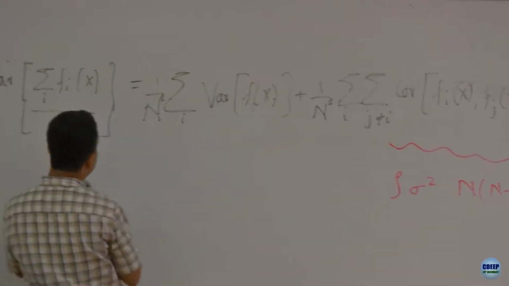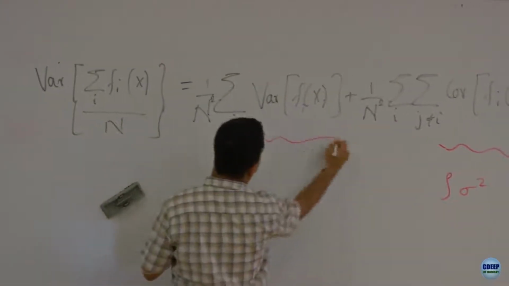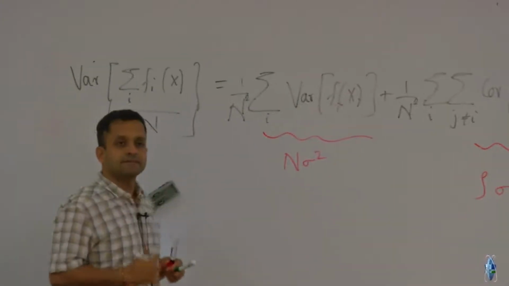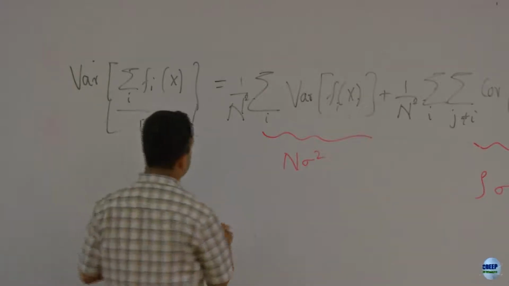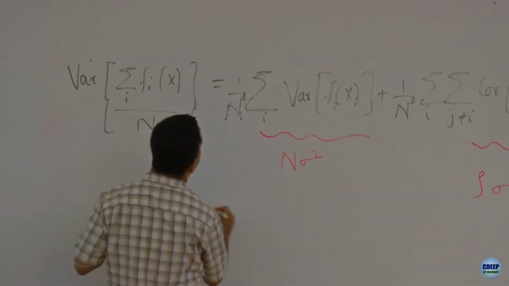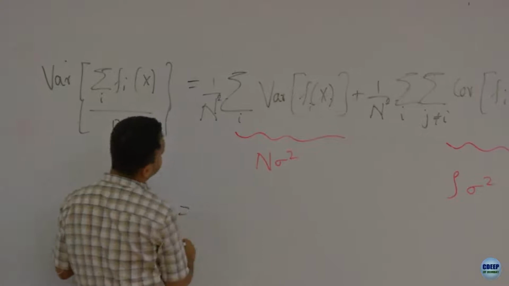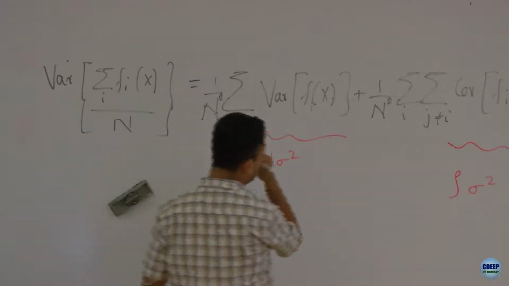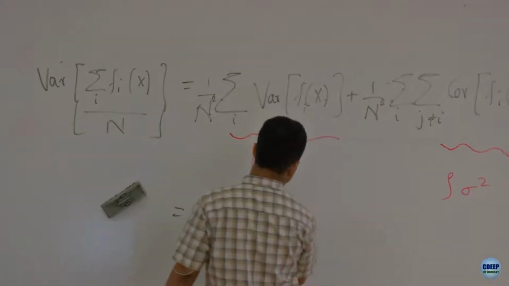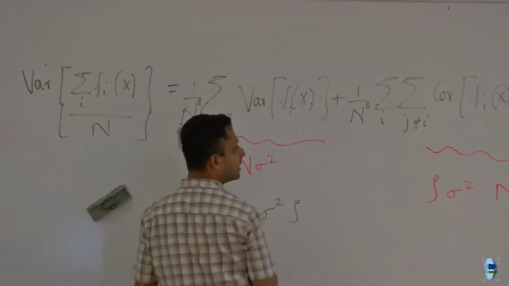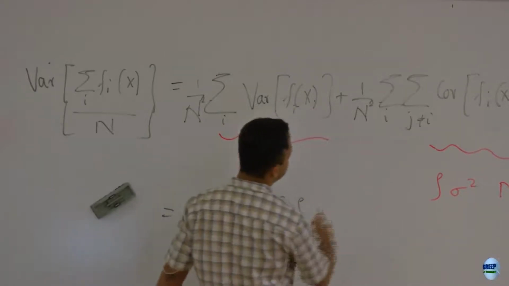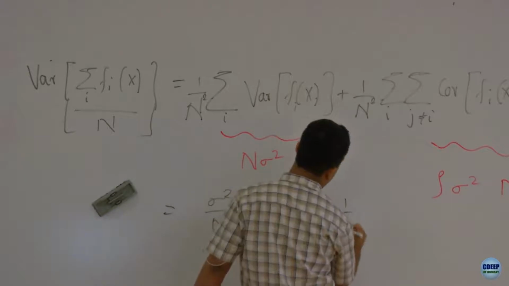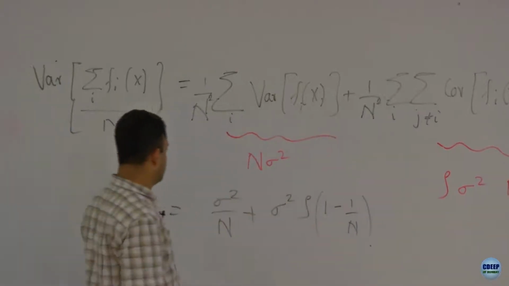And this is going to be nothing but n times sigma square. So when you expand, sigma square by n plus sigma square rho into 1 minus 1 upon n, you get this.